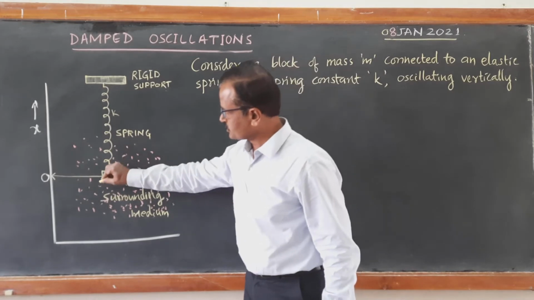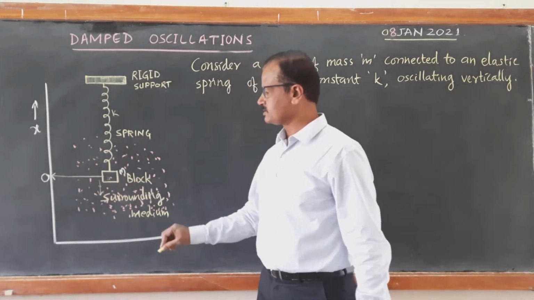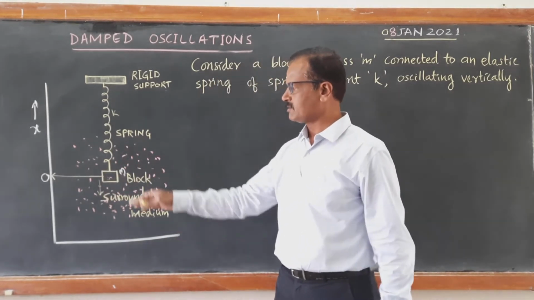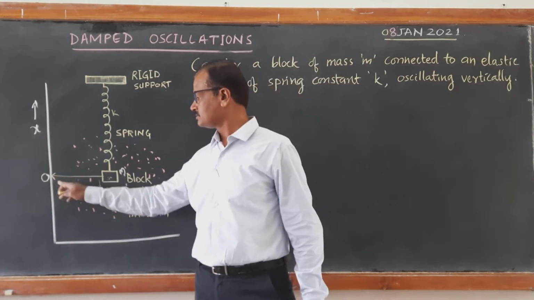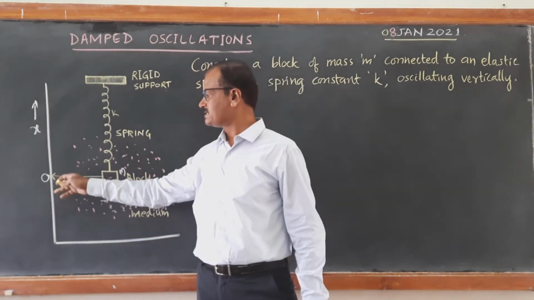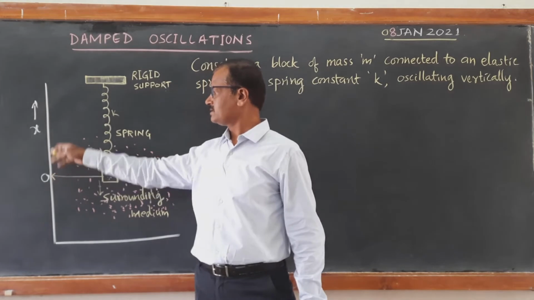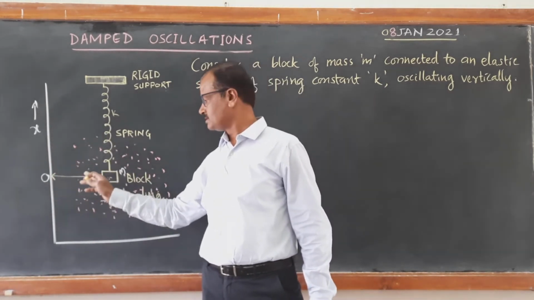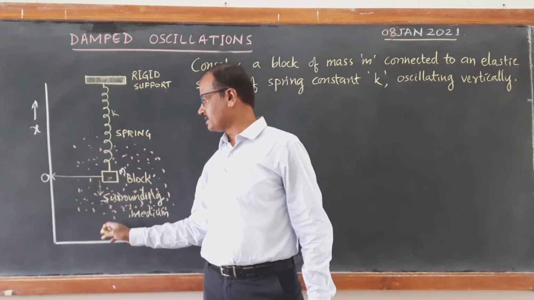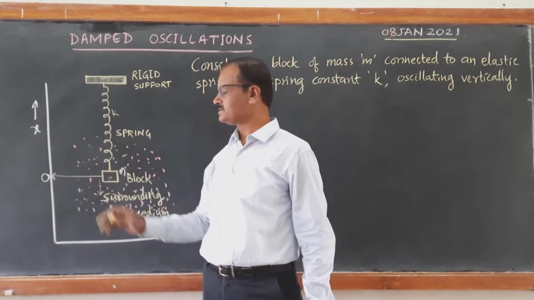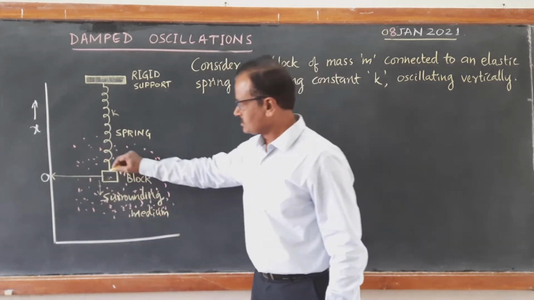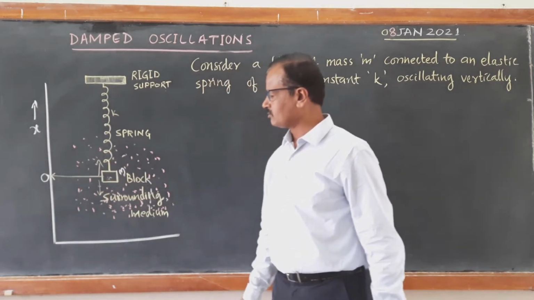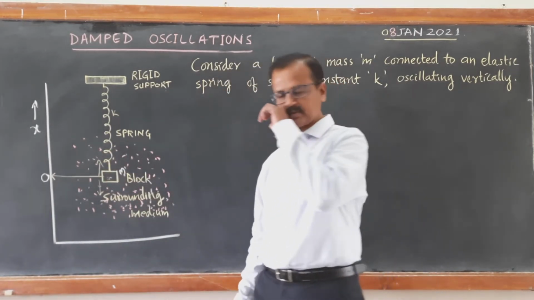When it is pushed a little down and released, the block oscillates about the equilibrium position. The vertical line represents the displacement x. Below the equilibrium position it is taken as positive displacement and above it is taken as negative displacement. So it will oscillate up and down about the equilibrium position.